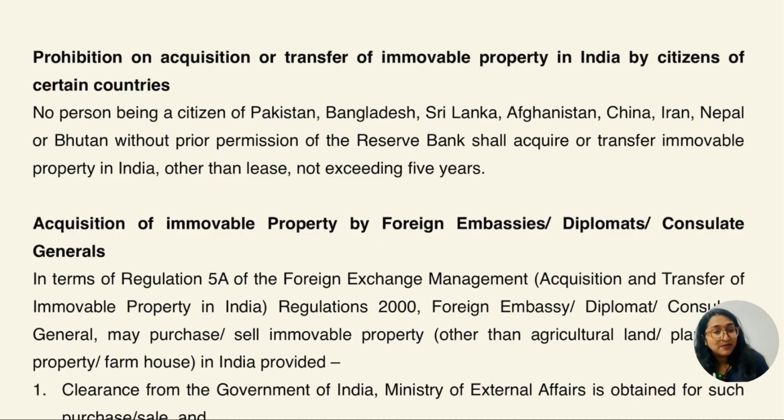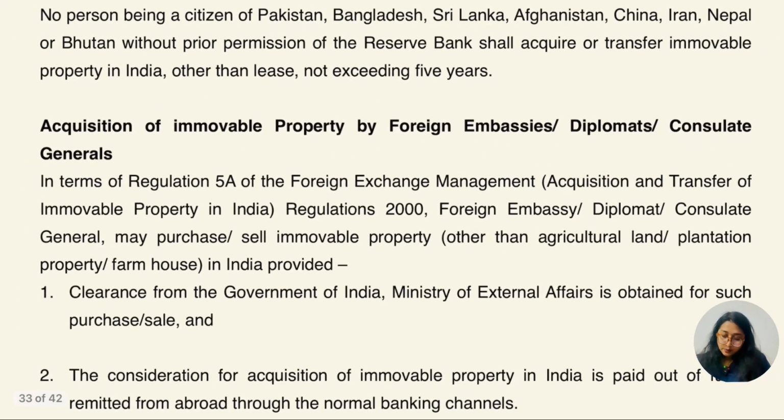But there is some limit. Again, the prior approval, the permission is to be taken from the RBI, and the immovable property they can acquire, ठीक है, but other than lease, and that cannot be for more than 5 years, ठीक है. Okay. Let's go for the other point.